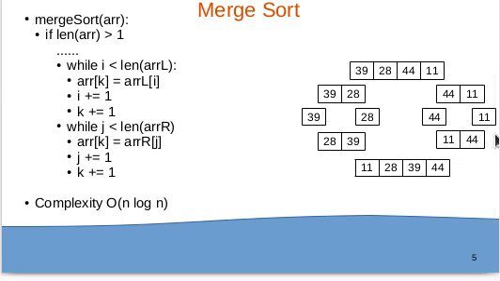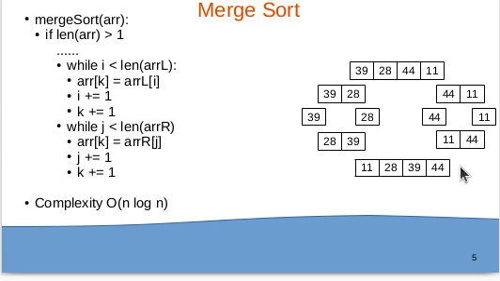So if there are more elements in this array, all of them will be included in this array with this loop. If the size of this array is greater than this, this loop will continue to insert elements in the kth array.